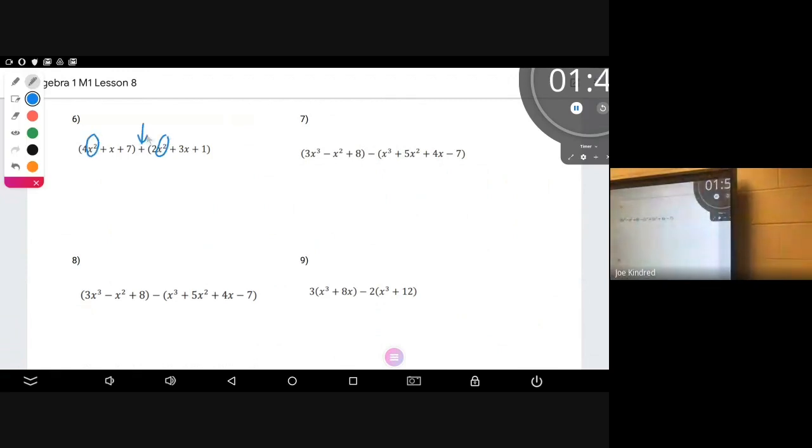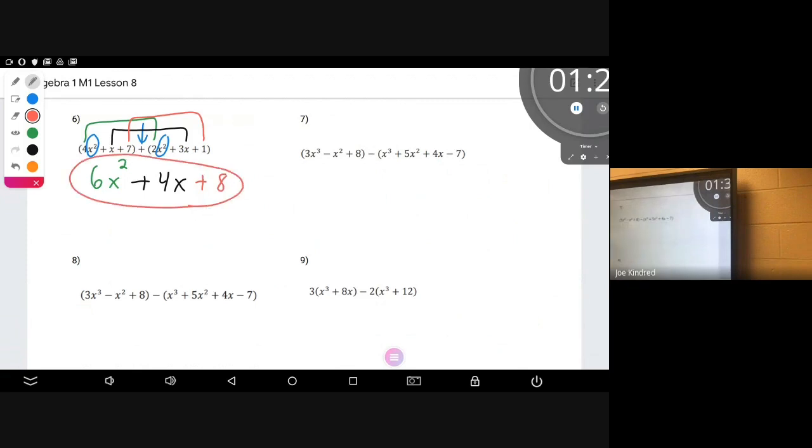We are adding, so 4 plus 2 is 6x squared. Then the x and the 3x make 4x. And then the 7 and the 1, and believe it or not, that is your answer.